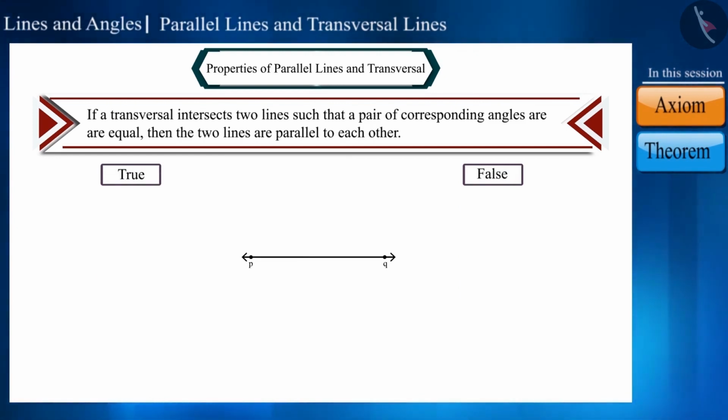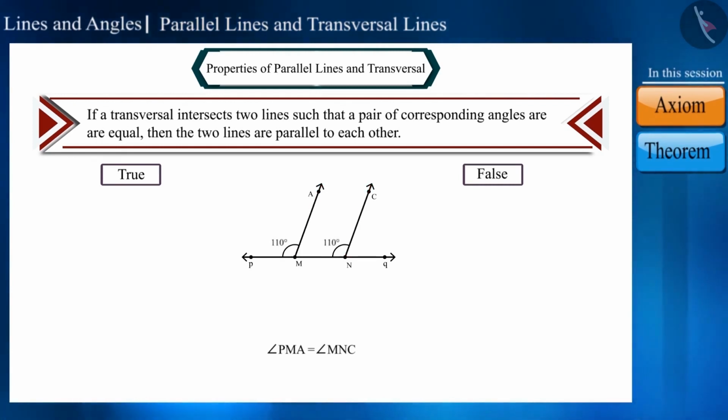Draw a line PQ and mark 2 points M and N on it. Construct angle PMA and angle MNC on these points in such a way that they are equal to each other. Draw the lines AB and CD by extending AM and CN respectively to the other side of PQ.